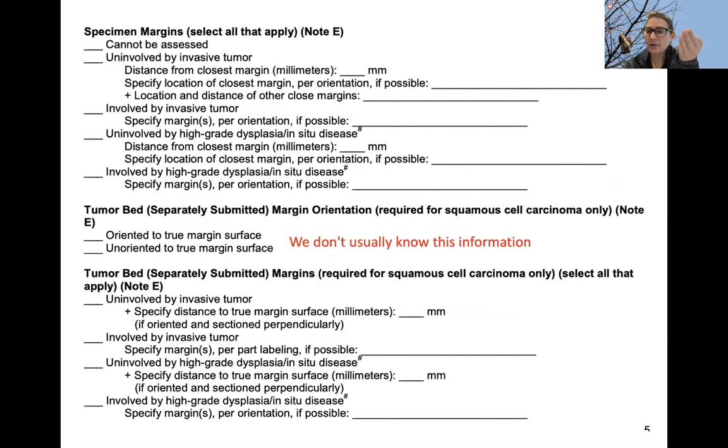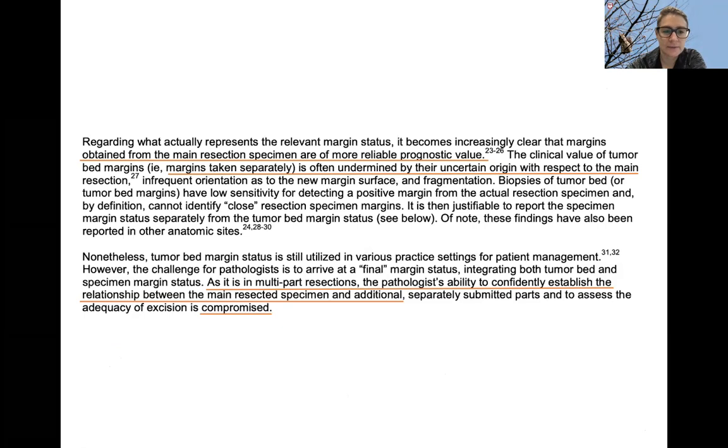We don't know up from down on those en face ones, but we do know, so we don't usually report this middle block, but we do report the top block about specimen margins, and we do report the bottom block about tumor bed margins, whether they are involved or uninvolved, to come up with a final determination of margin status. Okay. Because if you have a positive main specimen margin, you could still have a negative final margin if those additional tumor beds were negative.